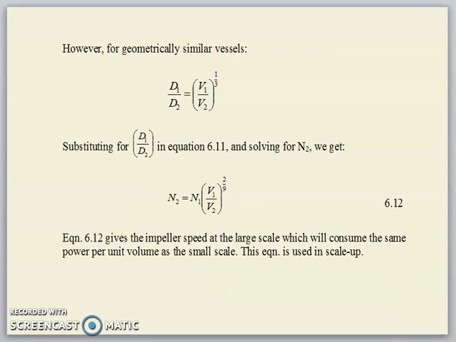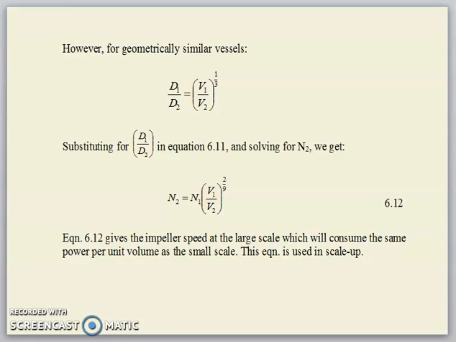However, for geometrically similar vessels, you can use the diameter, where D1 over D2 equals V1 over V2 power of 1 over 3, meaning that you have to take the cube root.